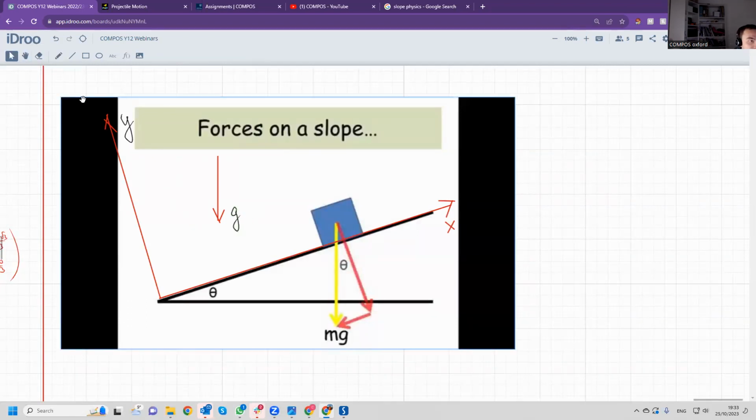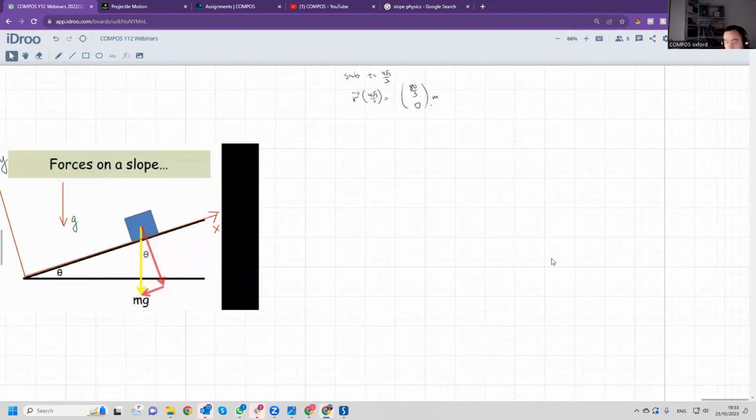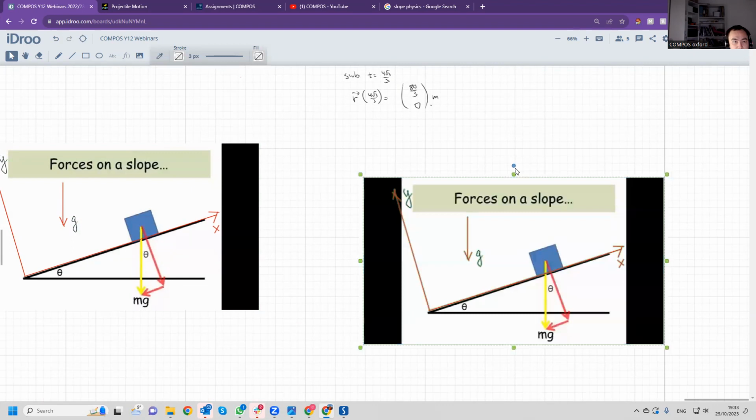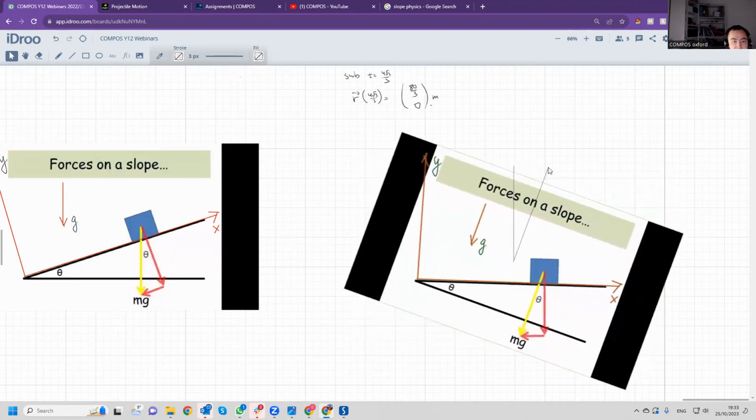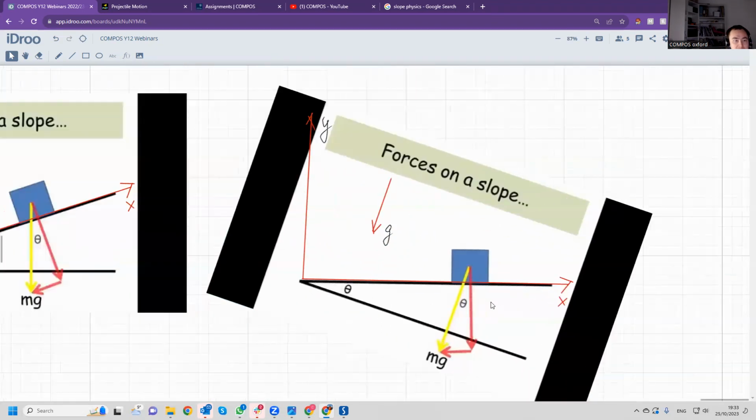So what you do then is you take this, copy, just make it easier for yourself. Up, and then bam. And now you have your x and y axis. So the box is now moving along the x-axis.